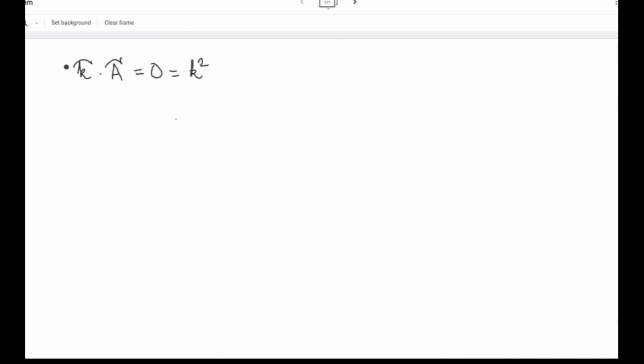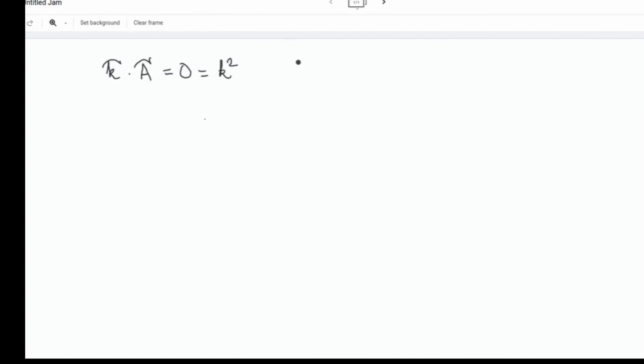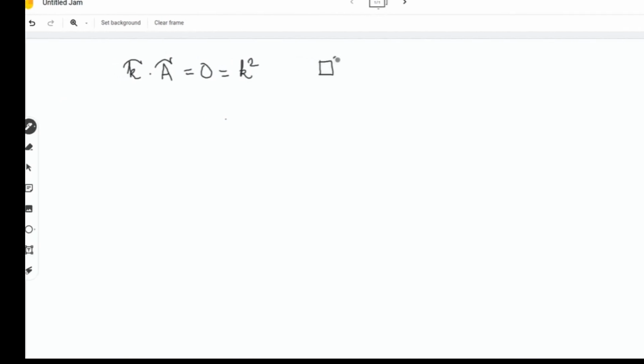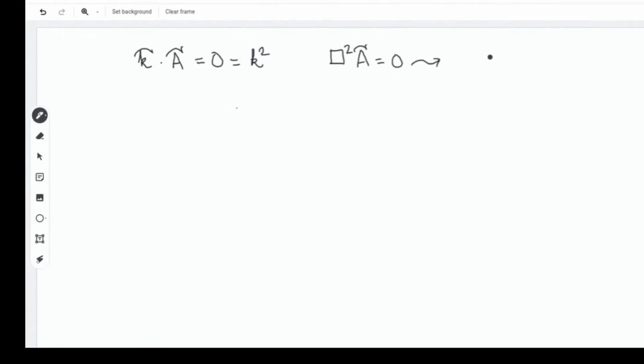One way is to go back to the fact that we can have a solution of box squared A equal to 0, which is a plane wave kind of solution. So the solution is, can you see this writing, all of you? If someone has a problem, please speak up because I can't see any of you now.